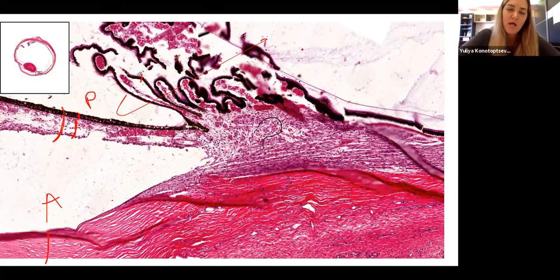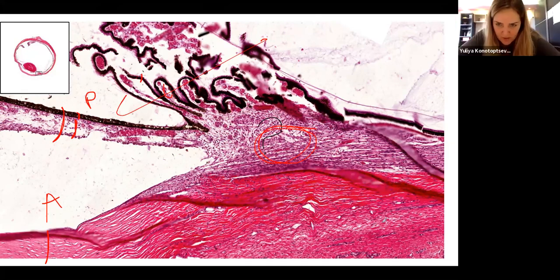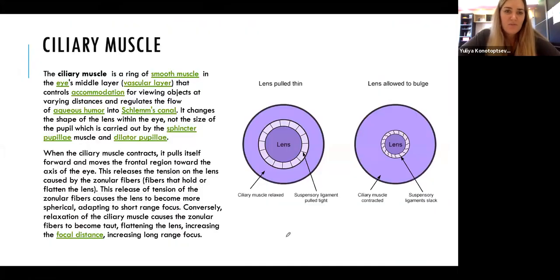So the top are non-pigmented, the bottom are pigmented with lots of blood vessels. This is the ciliary muscle, right? So this is the cornea. This is already the sclera right here. So this weird transitional region, that's where the limbus would be, right? Okay, ciliary muscle we talked about.